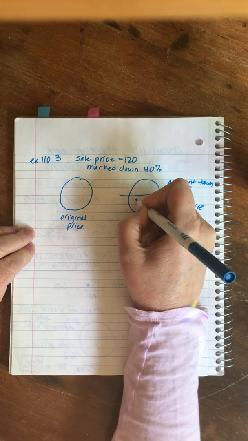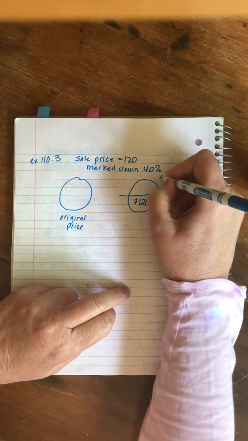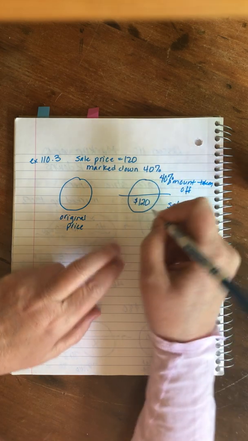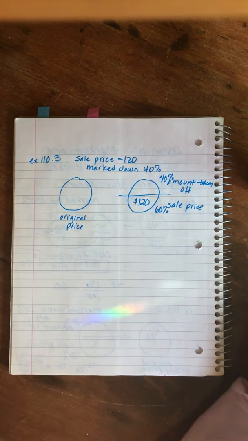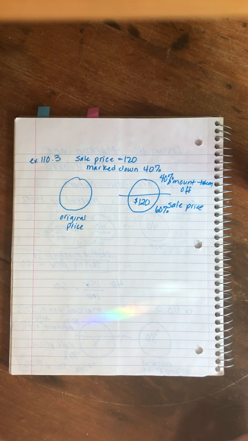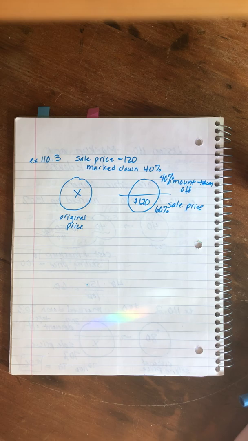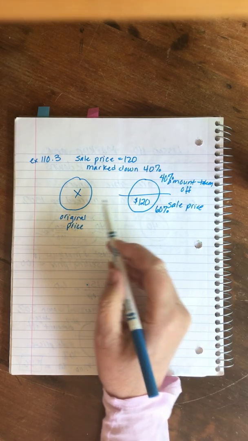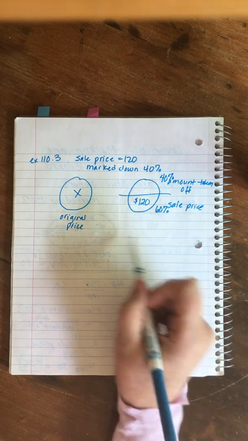The sale price is $120. It was marked down 40%, so 40% was taken off. So this represents 60%, right? And we're supposed to find what was the original price of the ring. Make sense? So we want to use this set of information because we don't know the amount taken off.